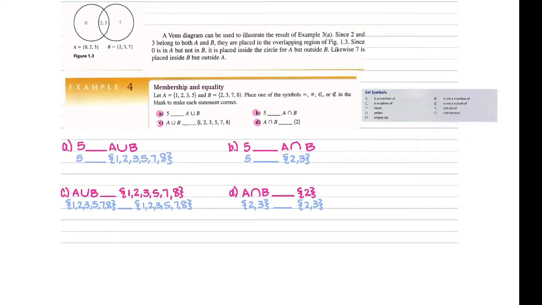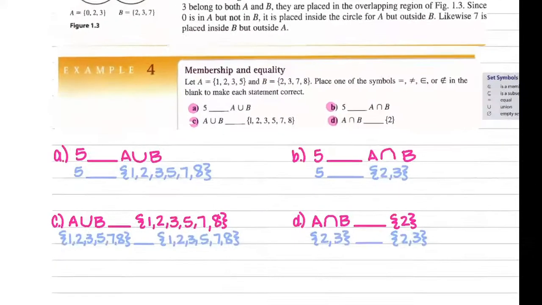So for A, we have 5 blank A union B. A union B means the members of both A and B, so that would be 1, 2, 3, 5, 7, and 8. Is 5 equal to that set? No, it's not identical, but 5 is included in that set. So it's a member of that set, and that's just that ∈ symbol.